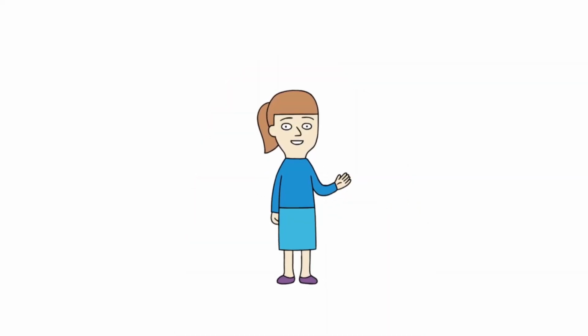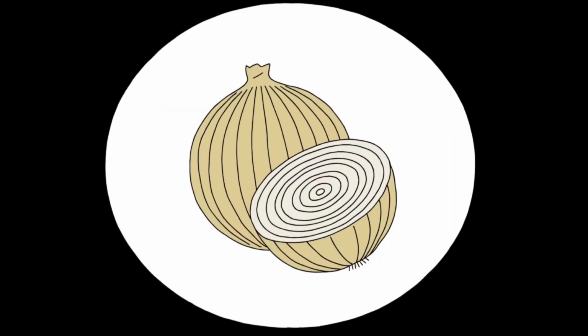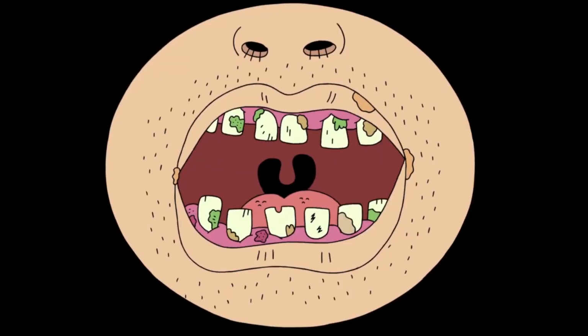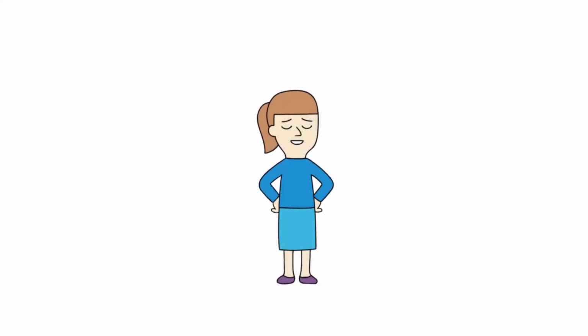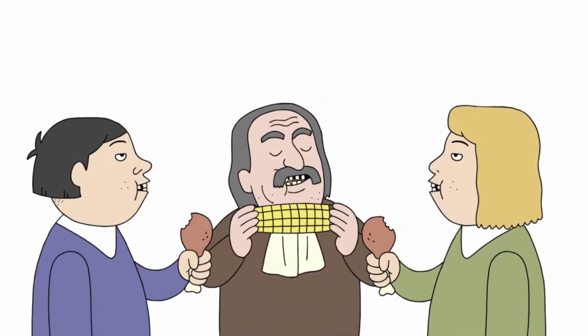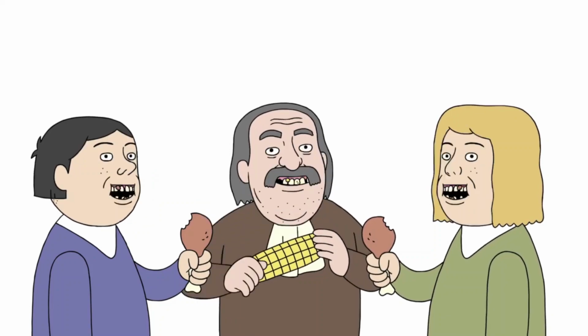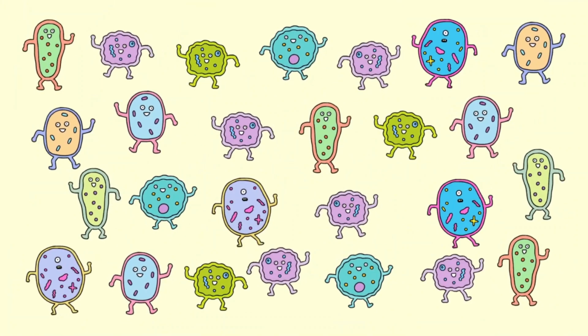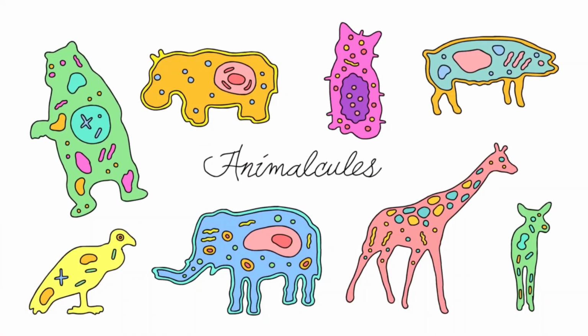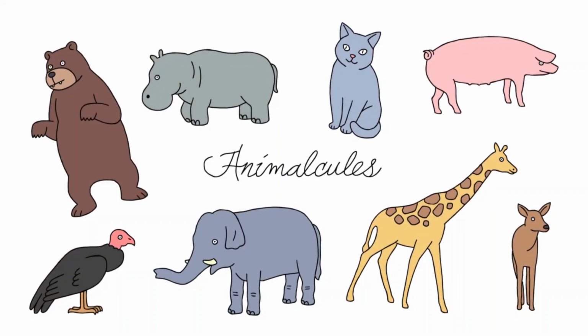Anywho, once Leeuwenhoek had his microscope ready, he went to town looking at anything and everything he could with it, including the gunk on his teeth. Yes, you heard right. He actually discovered bacteria by looking at dental scrapings, which, when you keep in mind that people didn't brush their teeth much, if at all, back then, he must have had a lovely bunch of bacteria to look at. When he wrote about his discovery, he didn't call them bacteria as we know them today, but he called them animalcules because they looked like little animals to him.